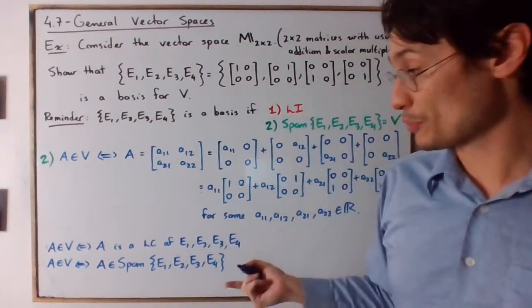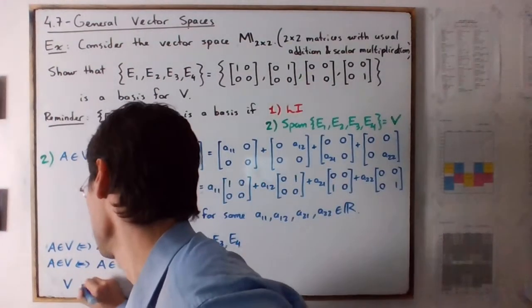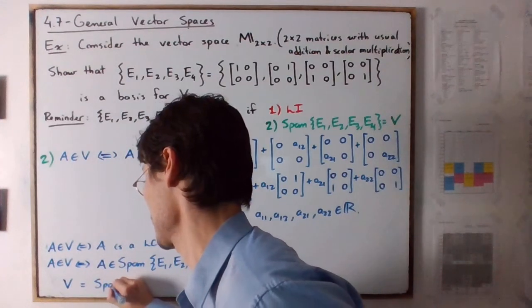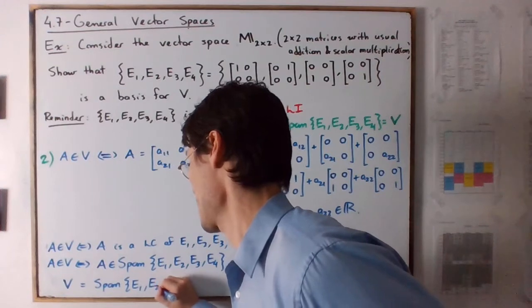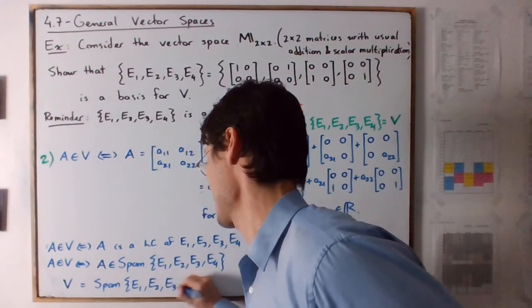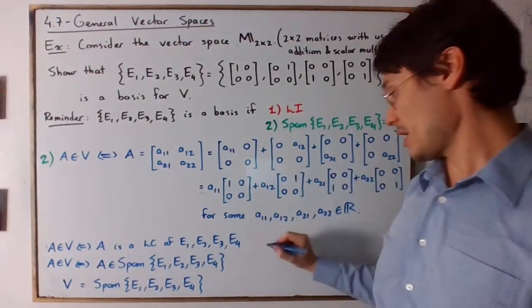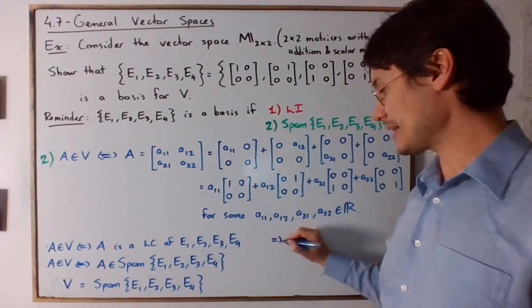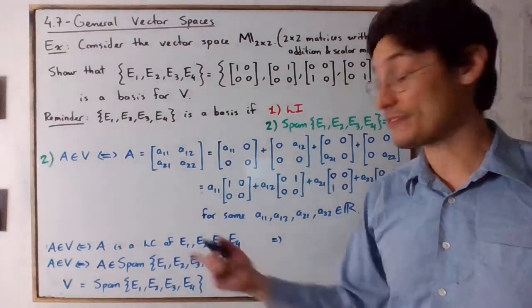And this is enough to prove that V is equal to the span. So in other words, the conclusion is that we verified that E1, E2, E3, E4 is a generating set for V, right?